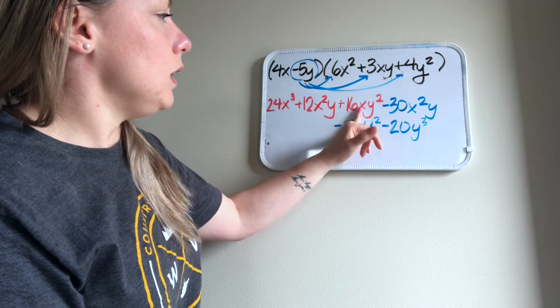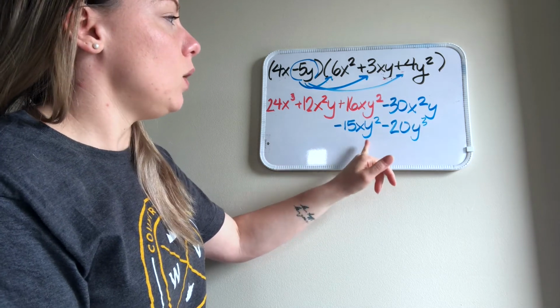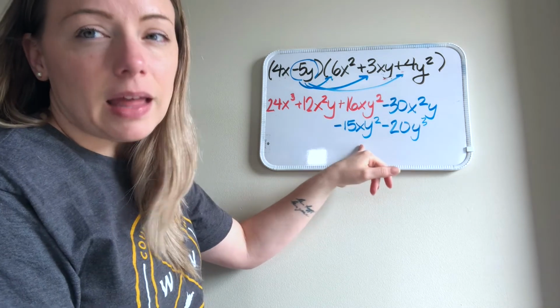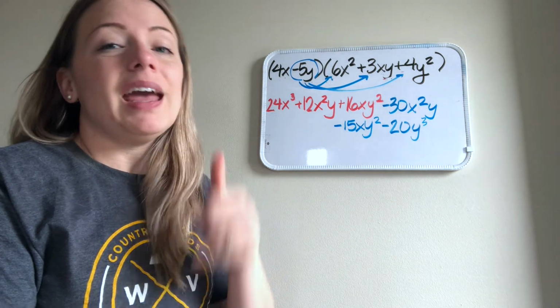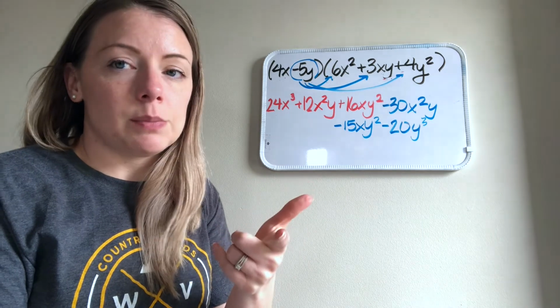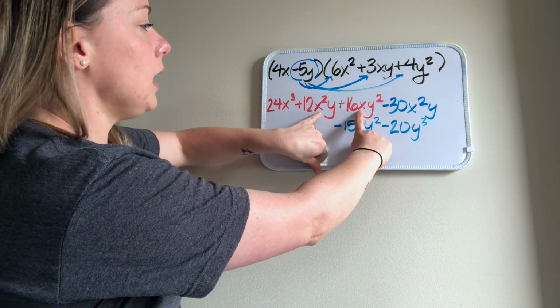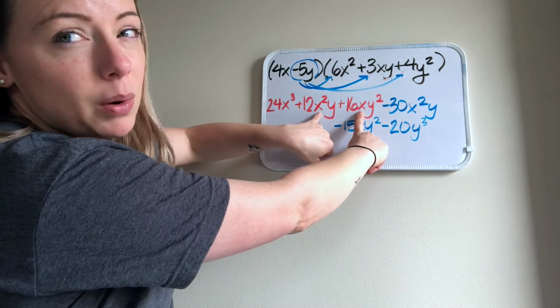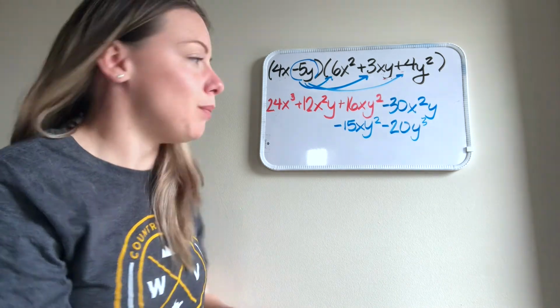When you see that you have xy in all 4 of these terms, the only way that they can be a like term is if it has the same letter with the same exponent and another same letter with the same exponent. So as you can see right here, these x's aren't the same even though they both are x's. These y's aren't the same even though they're both y's, so those can't combine.